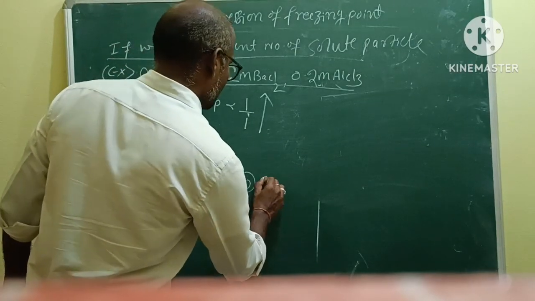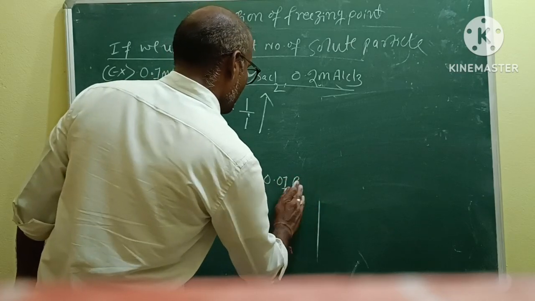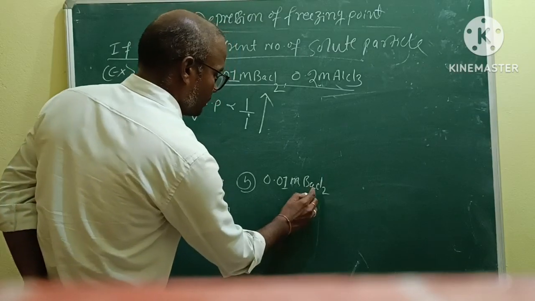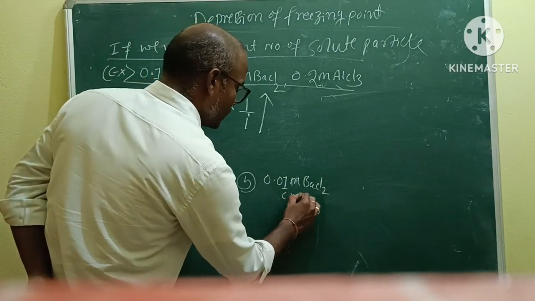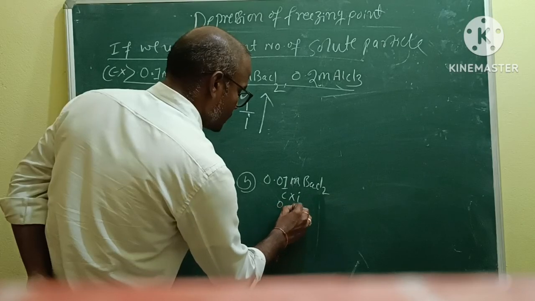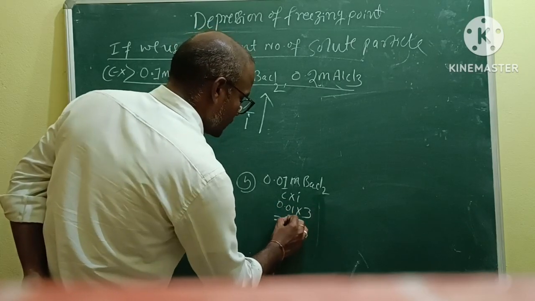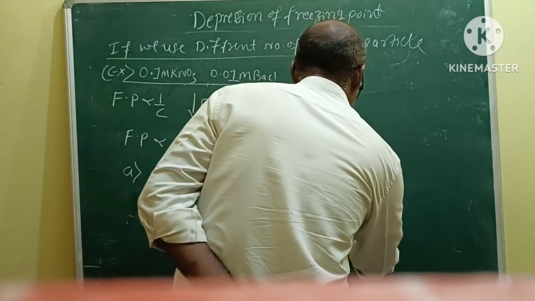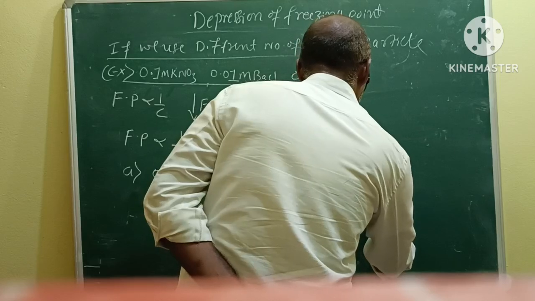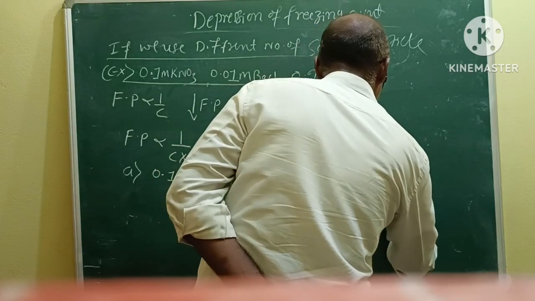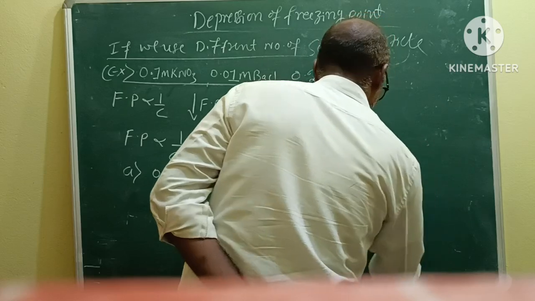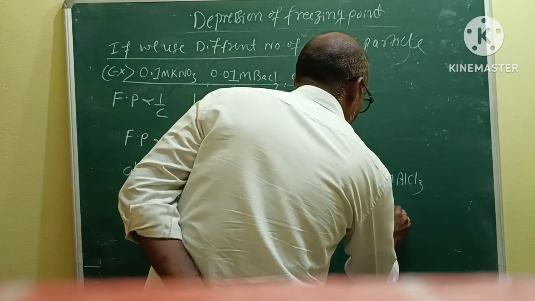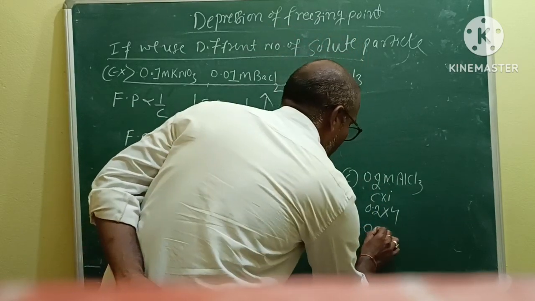The second one, 0.01 molar BaCl2, has 3 particles, so C into i is 0.01 into 3, that is 0.03. Third one, 0.2 molar AlCl3: concentration 0.2 into 4 particles, that is 0.8.